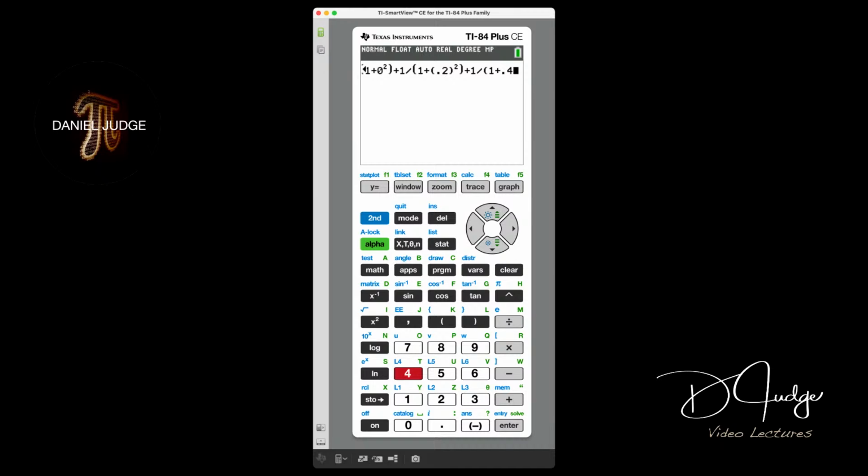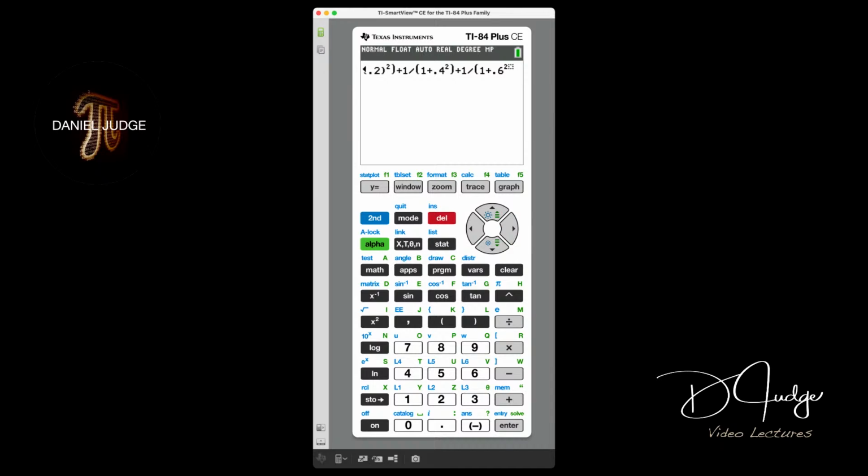And I guess you don't really need a parentheses at this point because it's positive. So I'm going to just put the 0.4 squared. We kind of put the parentheses only when it's negative. So I'm going to just let you guys know we can do that too. Plus 1 divided by, parentheses, 0.6 squared. Oops, I forgot the 1. So let's go back. 1 plus 0.6 squared. Okay.